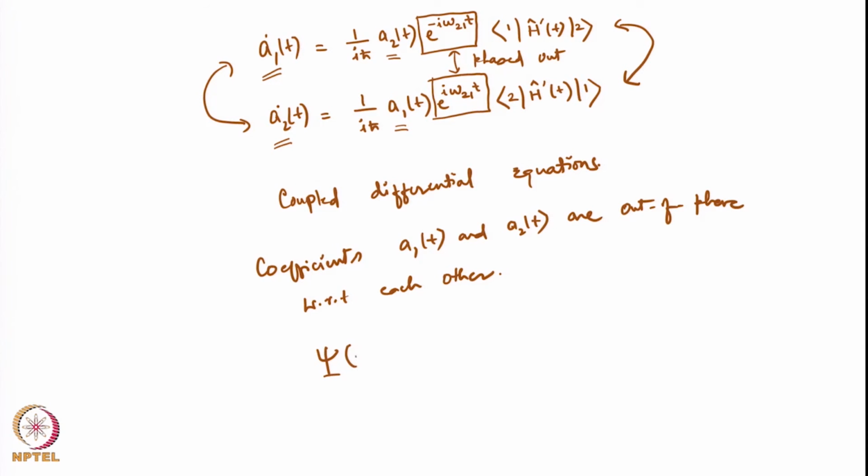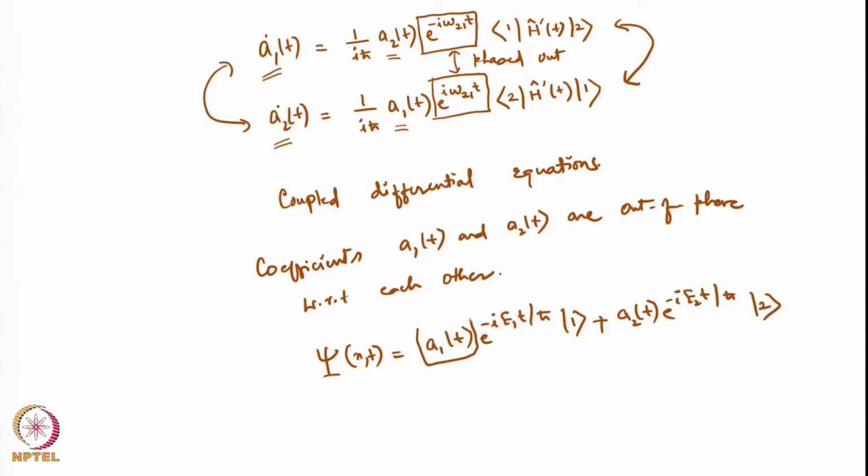Psi of x comma t is equal to A1 of t e to the power of minus i E1 t by h bar psi 1 plus A2 of t e to the power of minus i E2 t by h bar psi 2. So this was our total wave function, and these are the time dependent coefficients A1 and A2, and we know the square of the coefficients gives you the probability.